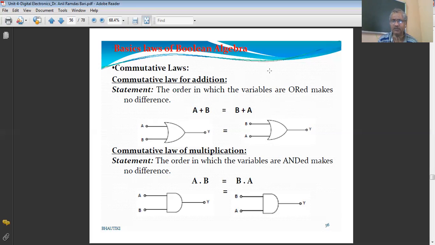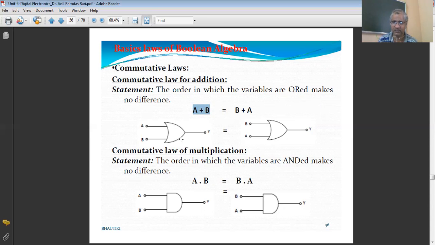In the decimal number system, if you are given two numbers a and b, and if the order of the variables is changed, there is no change in the sum. Similarly, here the order in which the variables are ORed, meaning added, because the OR gate has a function of addition, makes no difference.